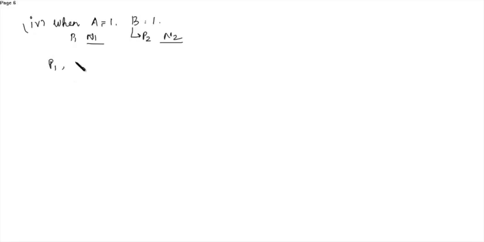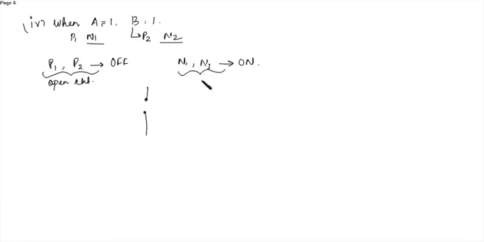So P1 and P2, they will turn off, N1 and N2 will turn on. So when both are off, this is represented by open circuit. When both are on, this is represented by short circuit.